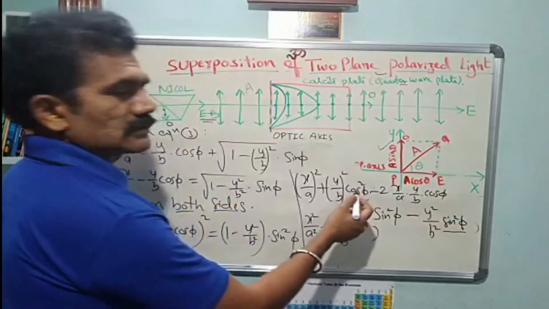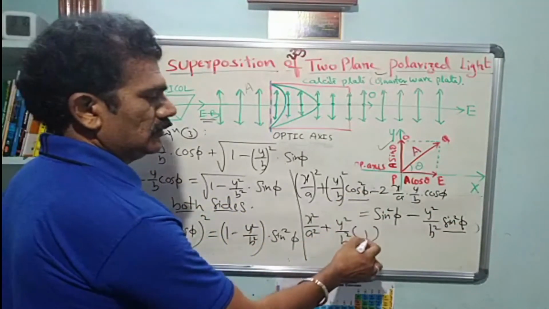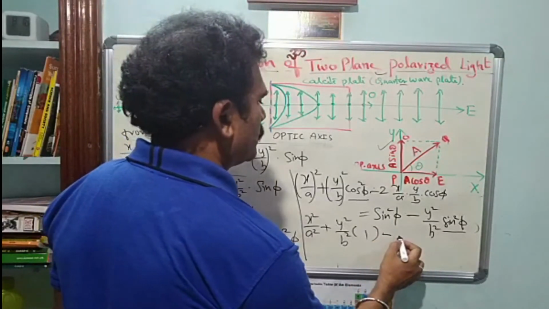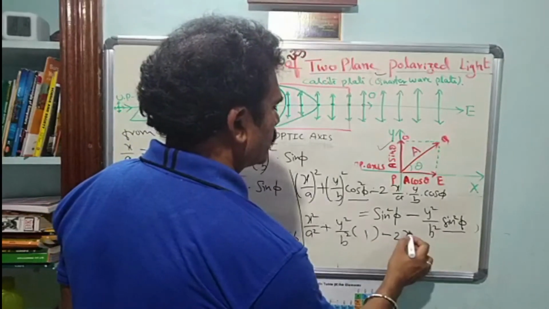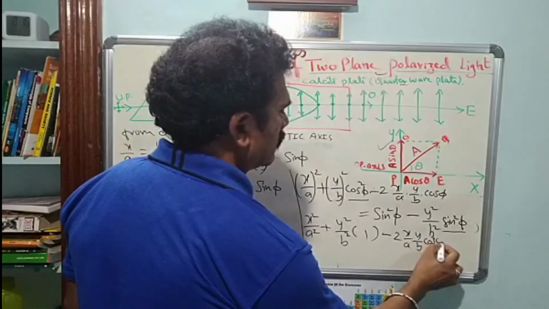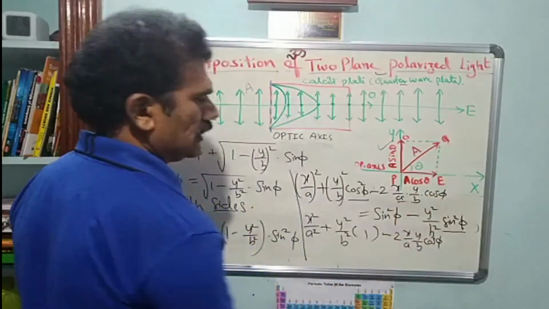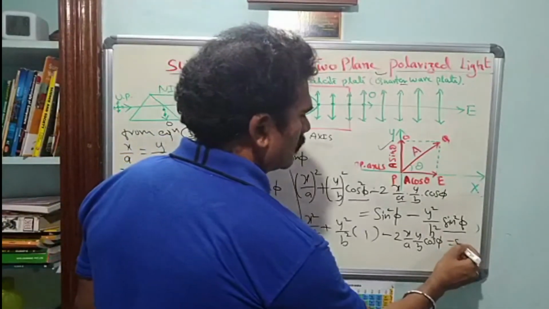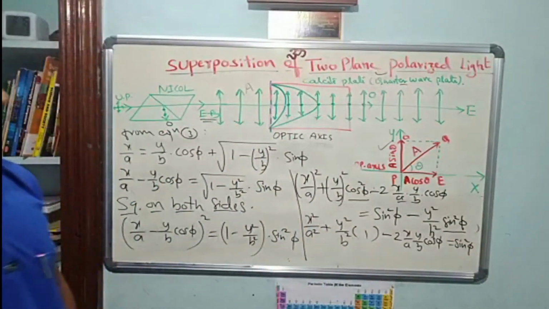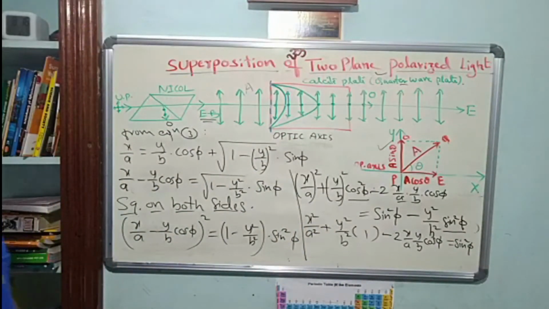Sin square plus cos square. Sin square plus cos square is equal to 1 only. Okay. So then minus 2 into x by a, y by b, cos phi. This term is as it is, I am writing. Then it is equal to what? Left with only sin square phi on the right side. Is it clear? Okay.